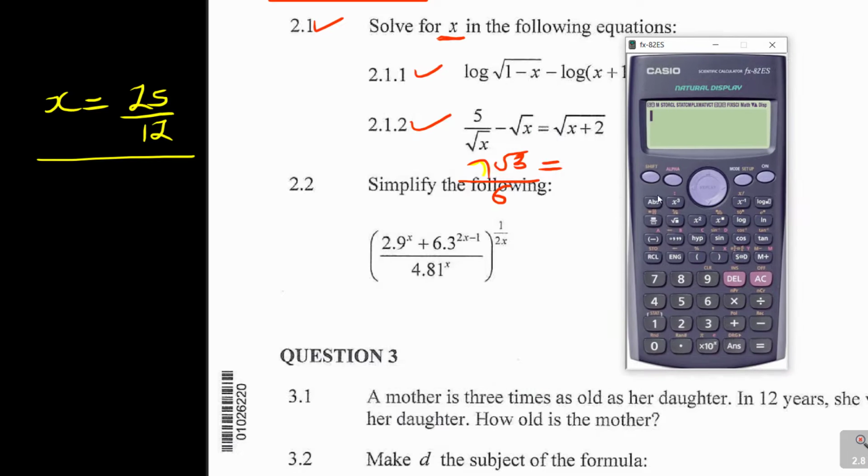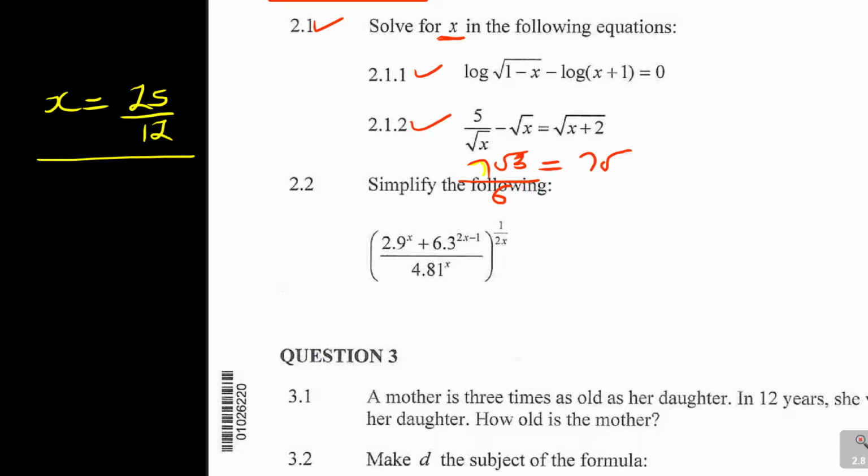Square root of fraction 25 over what? 12 plus 2 equal to 7 root 3 over 6. So it's 7 root 3 over 6. What does it say? Left hand side equal to right hand side. My answer is correct.